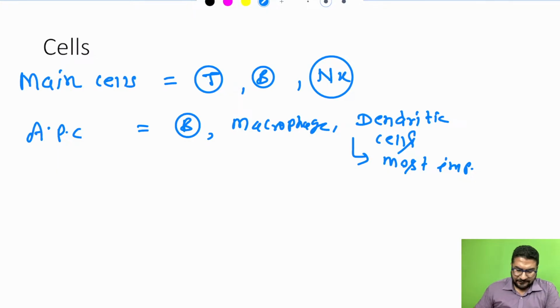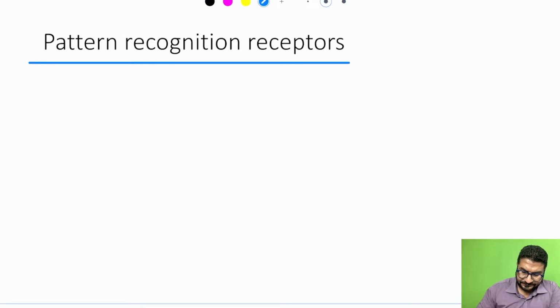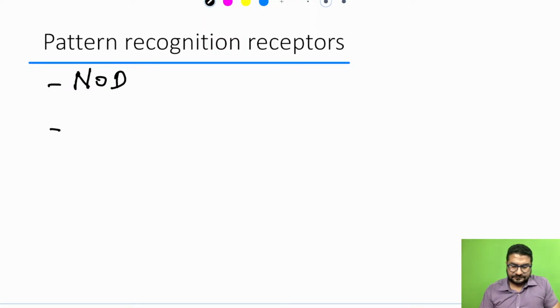Then understand this thing, we have different types of pattern recognition receptors. So what are pattern recognition receptors? कौन से receptors होते हैं? So we have NOD-like receptors. Then what else we have? और कौन से receptors होते हैं? We have receptors called RIG-like receptors. बताओ, और कौन से receptors होंगे?